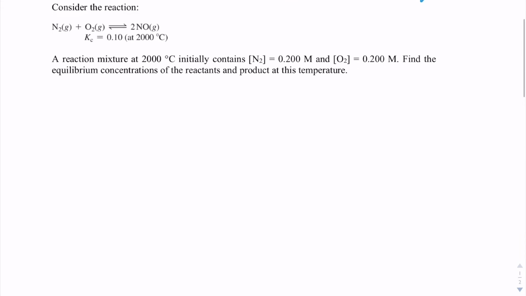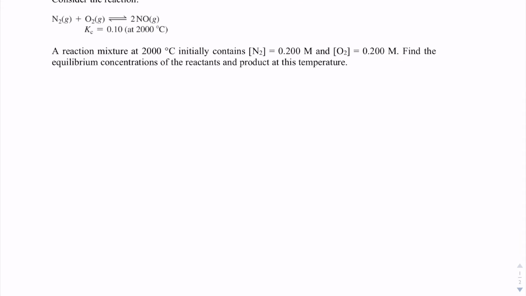Now let's read the question and see if we can recognize that this question is about that situation. So from here we know Kc, it's given right over there. Kc equals 0.1. And let's see what else we know.